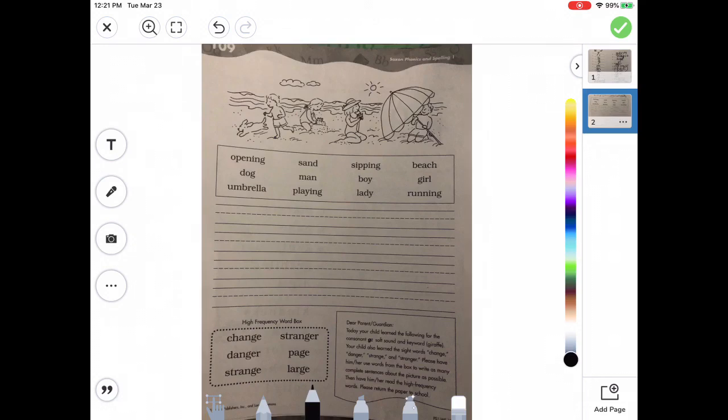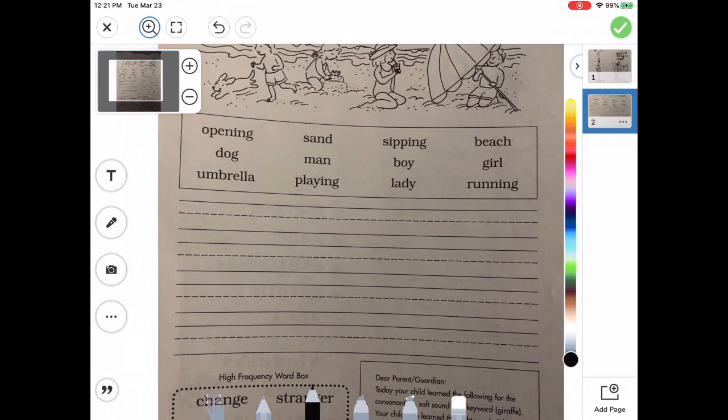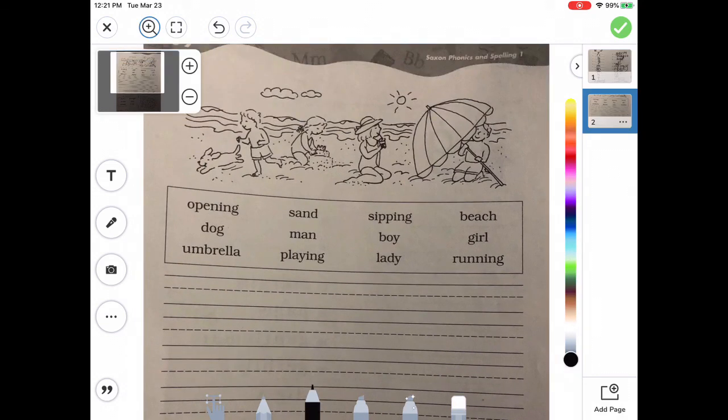All right, on the back, we are going to be looking at making some sentences. And remember, you're going to start doing this by yourself. So first of all, we're going to find our verbs. So our verbs have that ing at the end. So let's see. I've got opening, playing, sipping, running, okay?